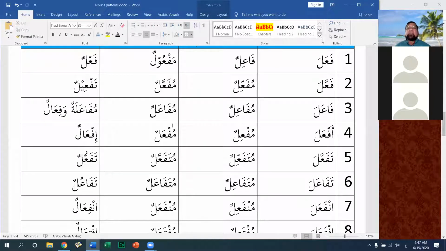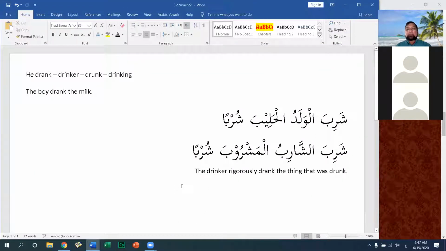So let me give you an example. If we were to say anfaqa Muhammadun al-mala ala zawjatihi. Let me write that down actually, so you all can see it.